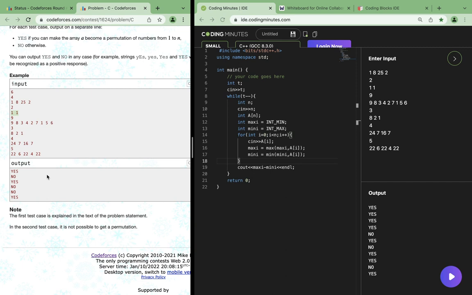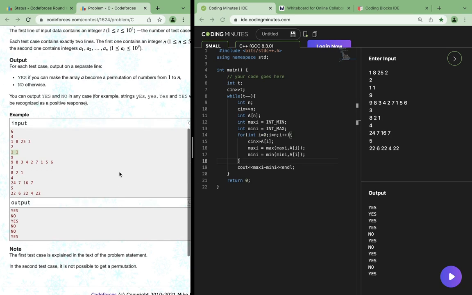So when is it not possible? When is it not possible? So let's see some more test cases. Okay, so this is possible somehow.